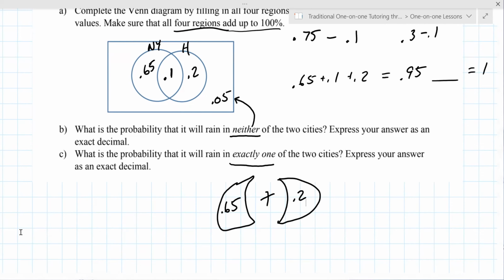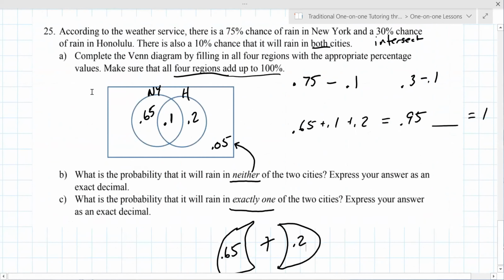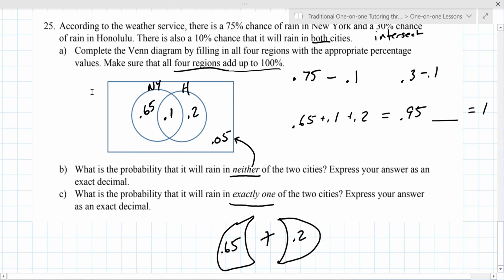So I'd say 17. Excellent. Okay. I call this a before-you-get-to-combinations-and-permutations problem.